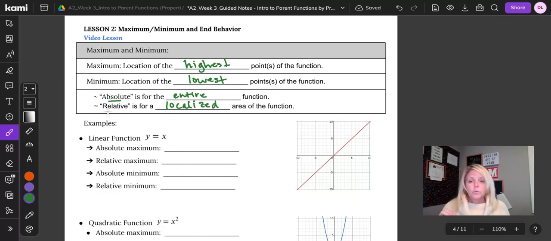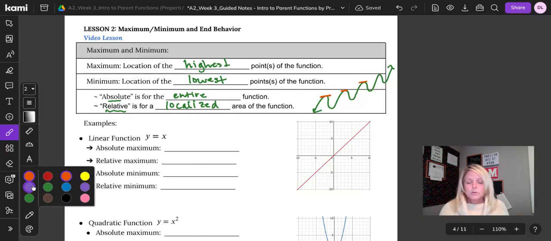Relative would tell me that if my graph looks like this, I have some localized maximums, because it's lower on either side of those points.